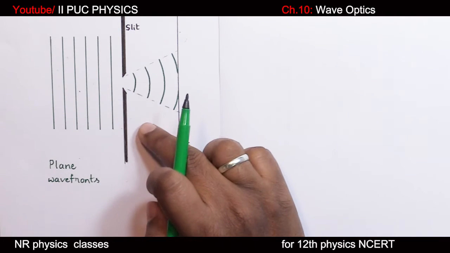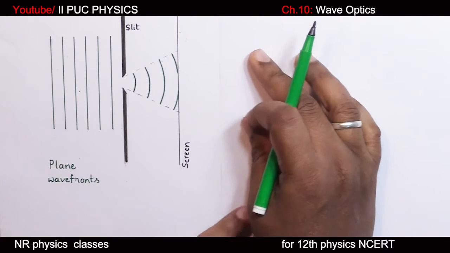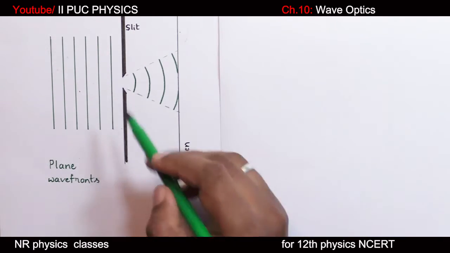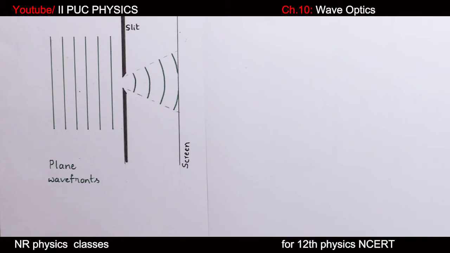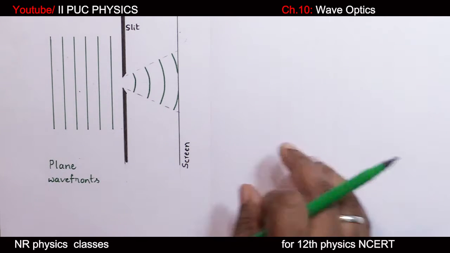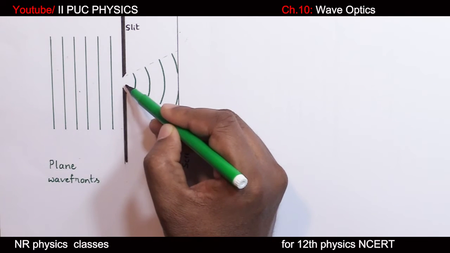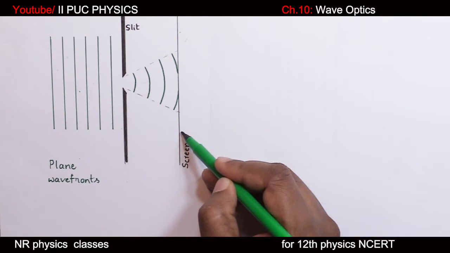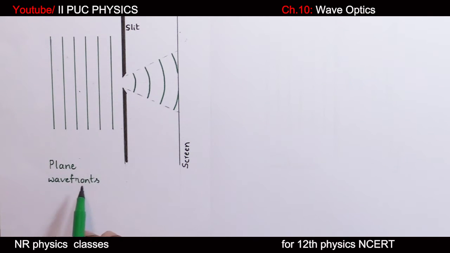Let me use this small experimental setup. Observe the diagram. There is a slit here, and a screen. These are incident plane wavefronts.